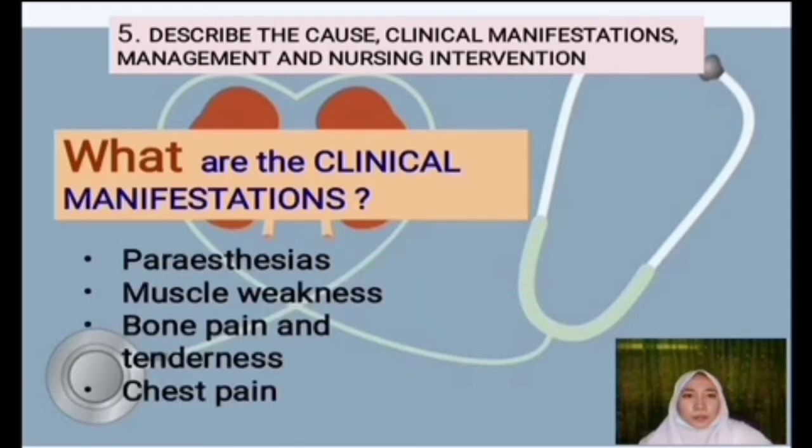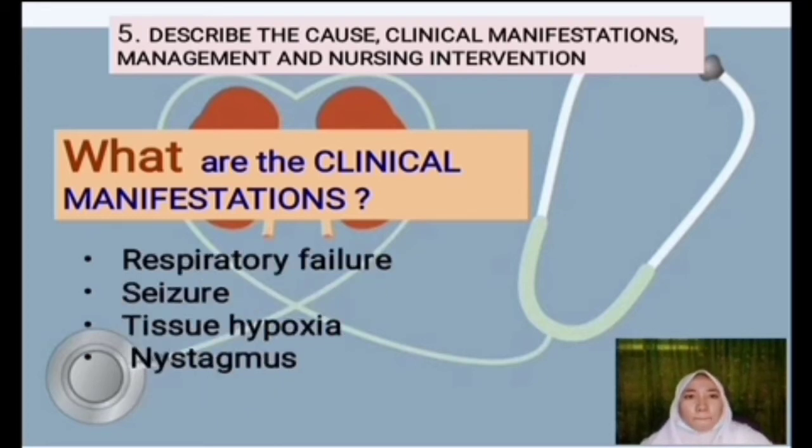So the next is the clinical manifestations or the signs of phosphorus deficit. We have paresthesia, muscle weakness, bone pain and tenderness, chest pain, respiratory failure, seizure, tissue hypoxia, and nystagmus.